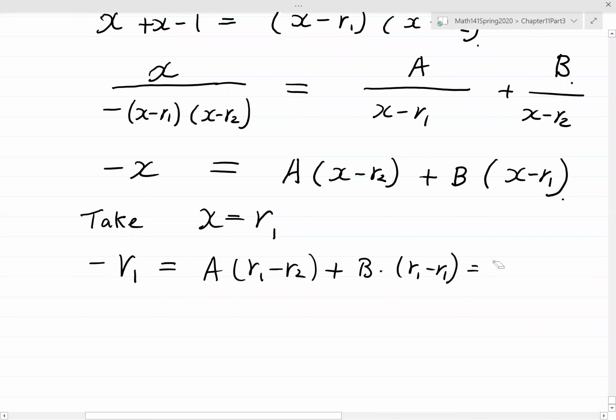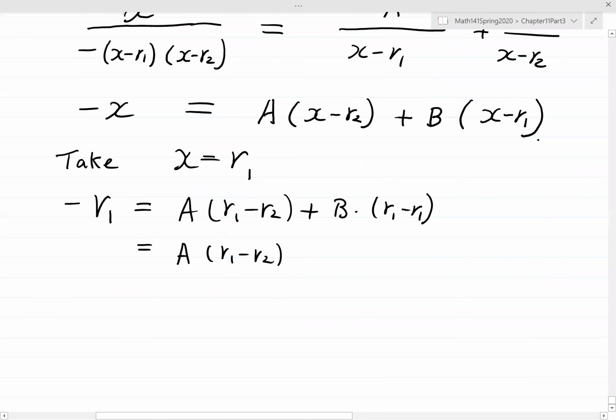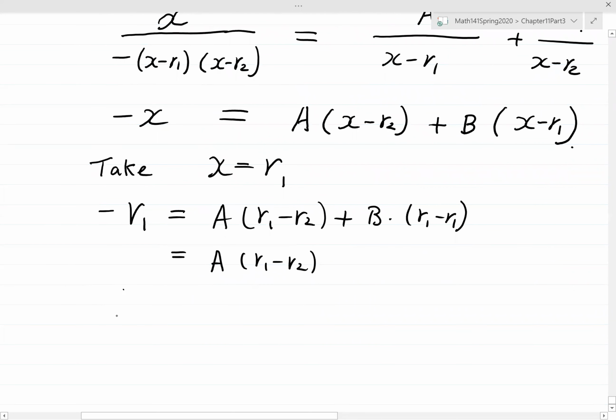So we get a(r1 minus r2) plus 0, because the second term is 0 on the right. So a is negative... so it's r2 minus r1. Oh, sorry, it's the other way around: r1 over r2 minus r1.